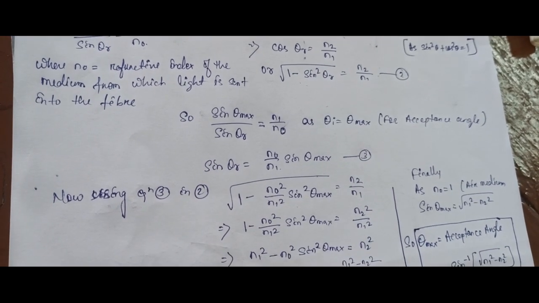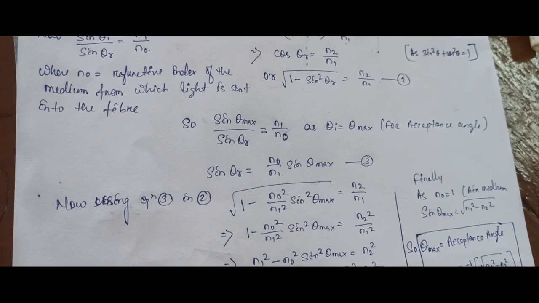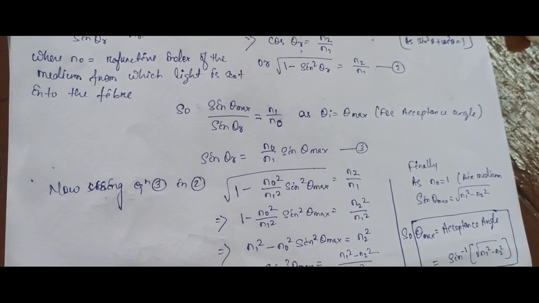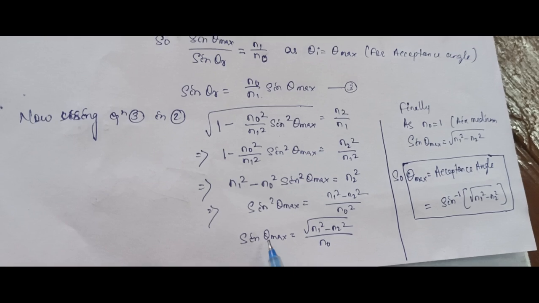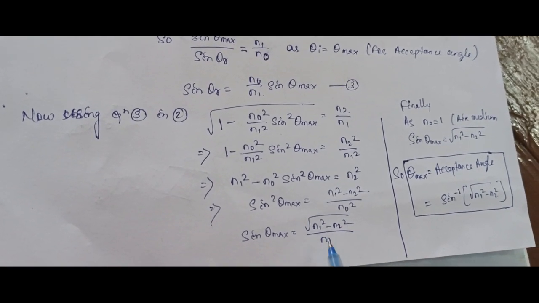Now we have sin square theta max is equal to n1 square minus n2 square by n0 square, or we can also write sin theta max is equal to under root of n1 square minus n2 square by n0.